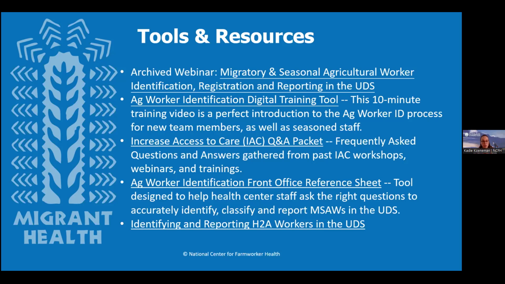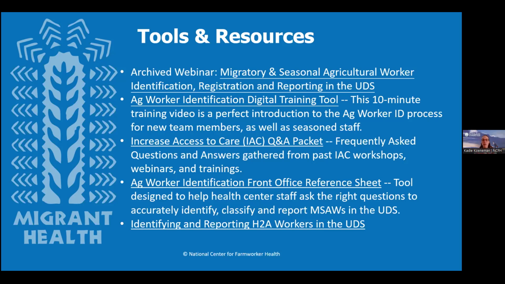So H2A workers, if you're not familiar with the H2A visa program, it is a program that brings agricultural workers from outside of the US into the US to do agricultural work through the H-2A visa process. And so those workers are always coming from outside of the US, and they are provided employer provided housing to do work in the United States.